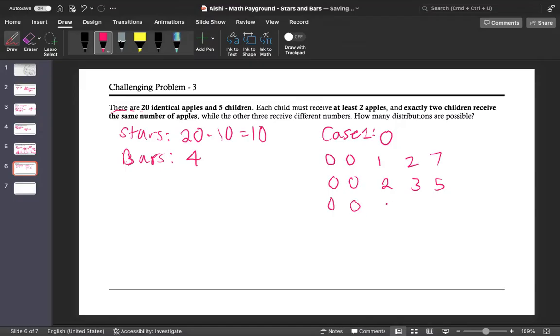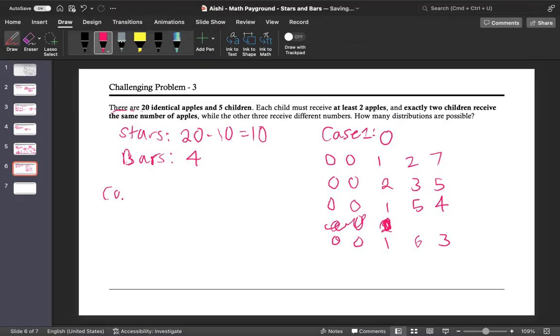Then 0, 0, 1, 5, 4, and 0, 0, 1, 6, 3. So there aren't any more, so there are these 4 options for case 1.